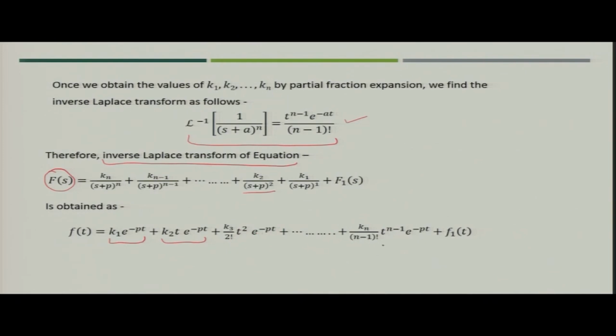For the nth term you will write K_n upon (n minus 1) factorial into t to the power n minus 1 e to the power minus p t, plus f1(t), that is the inverse Laplace transform of the remainder of the function, F1(s). In this way you can find the inverse Laplace transform of the function f(t).